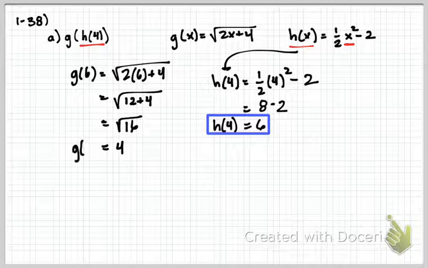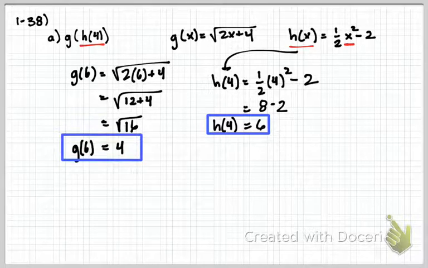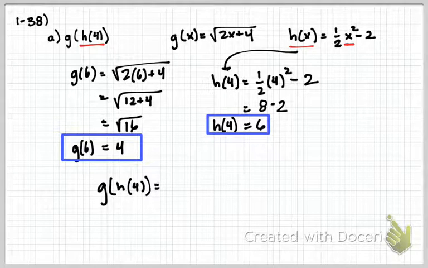So g of 6 is equal to 4. Alright, so that's our output there. So now if we were to write out the whole thing, it would be g of h of 4 is equal to 4.